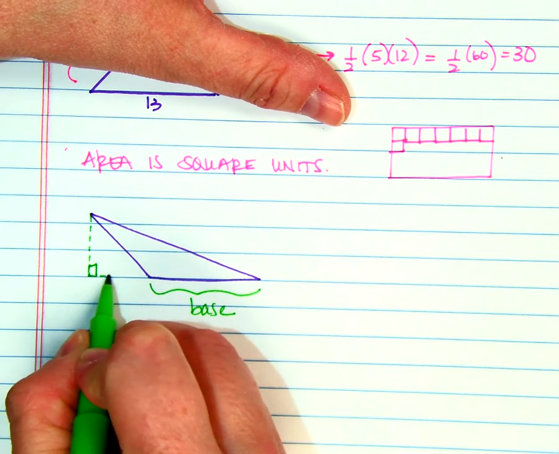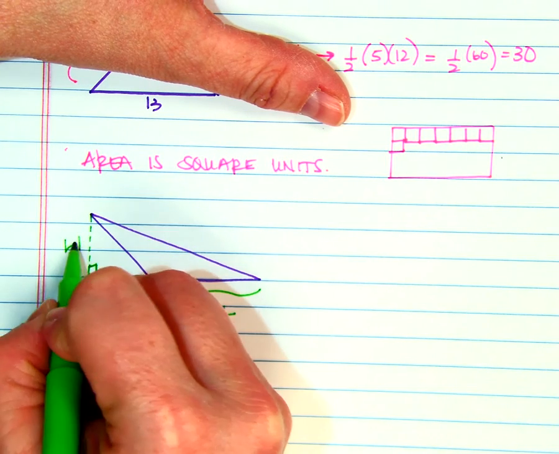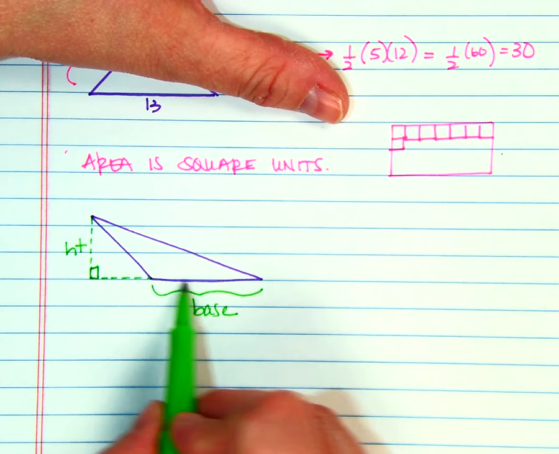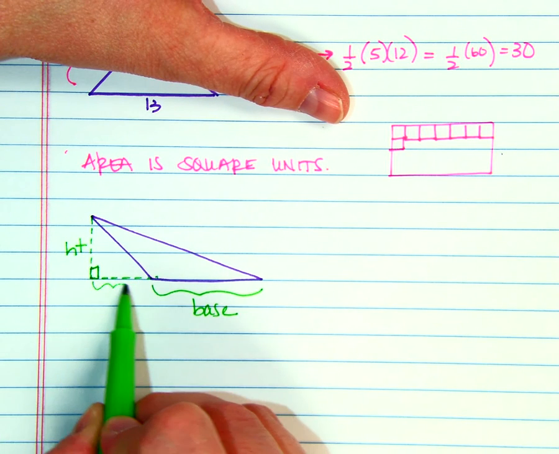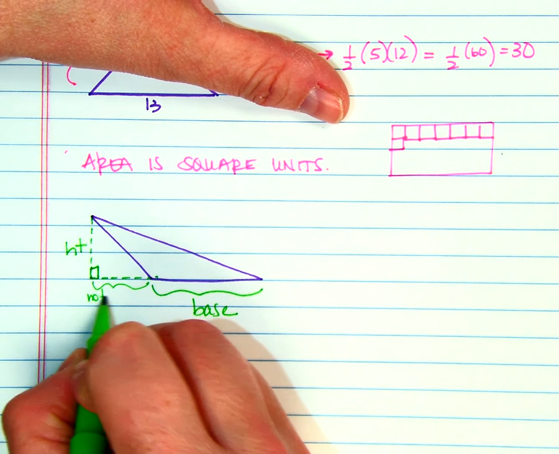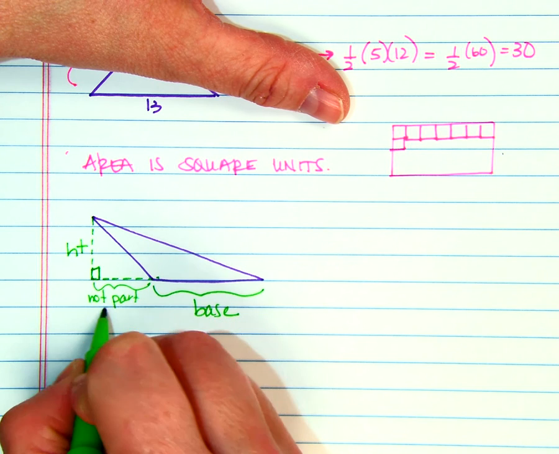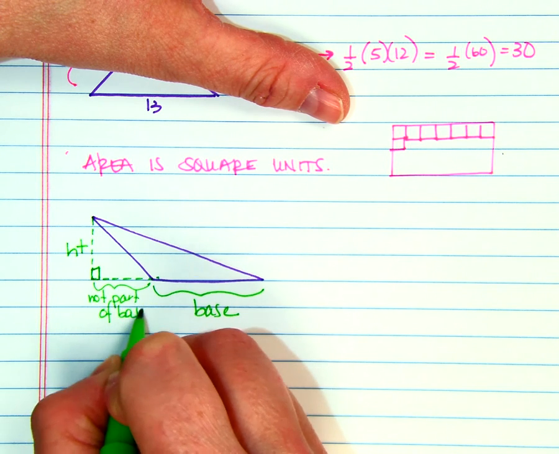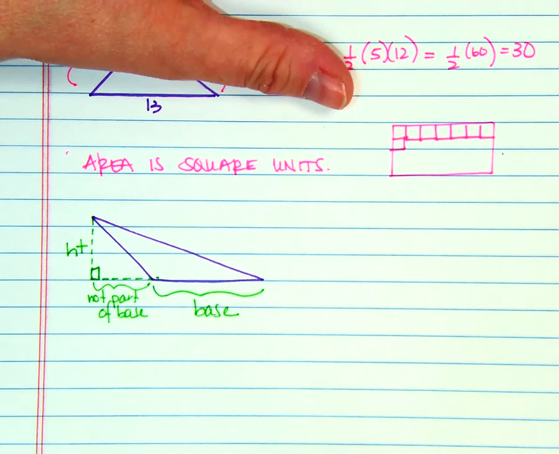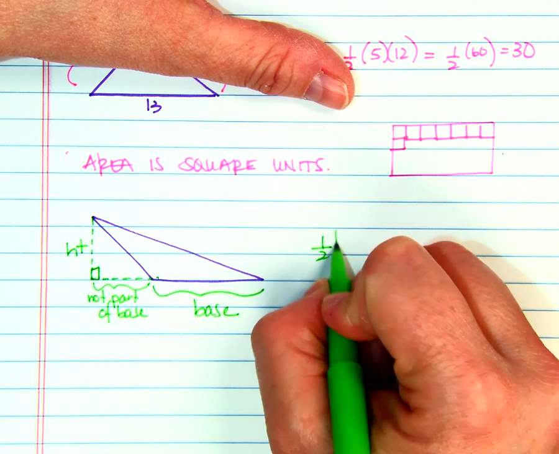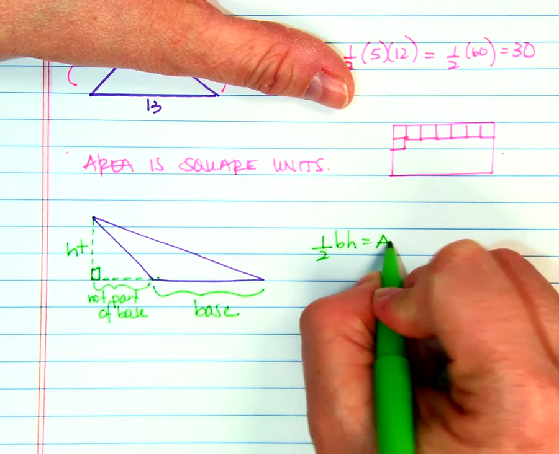And then again, here's my height. Do not count this as part of the base. Not part of base. But your formula is still the same. It is 1/2 the base times the height.